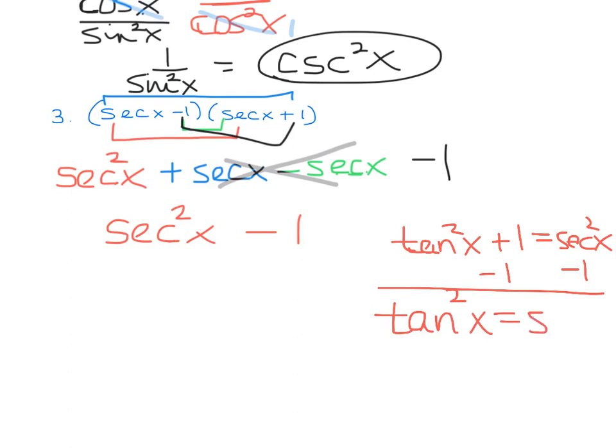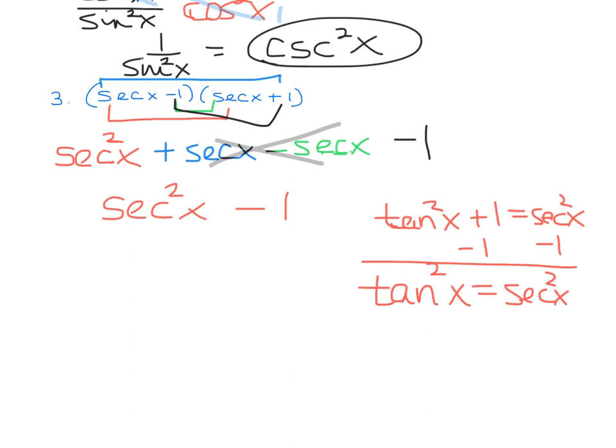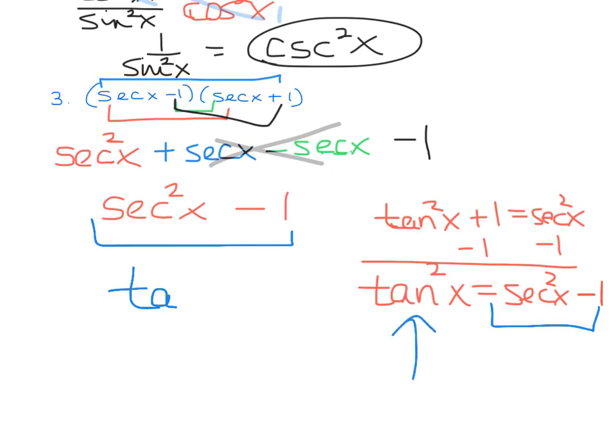And this will give you secant squared x - 1, which is what I have in my problem here. So in place of secant squared x - 1, the final answer is going to be tangent squared x. So be able to rearrange those Pythagorean identities. Everybody good on number 3?